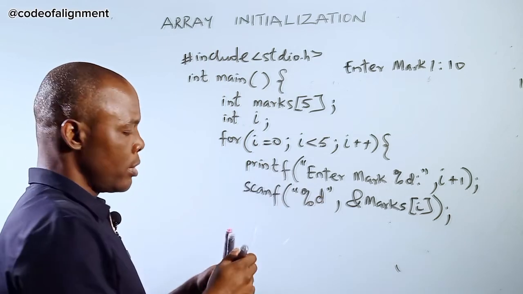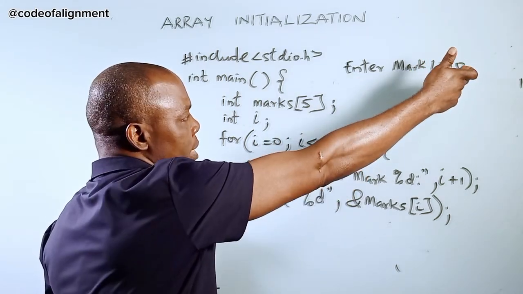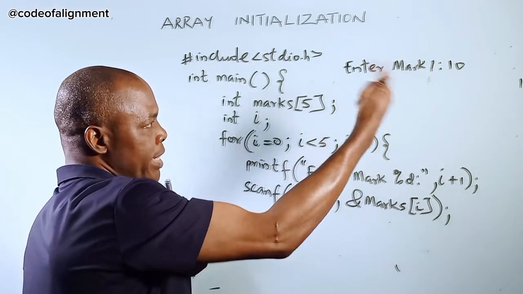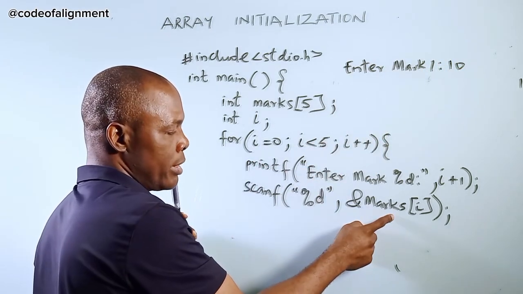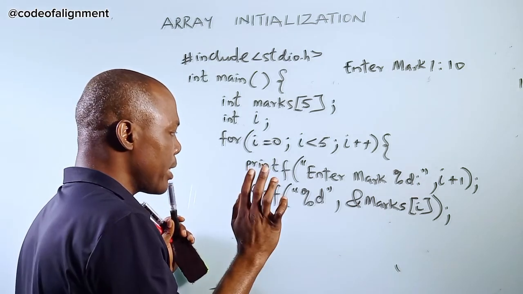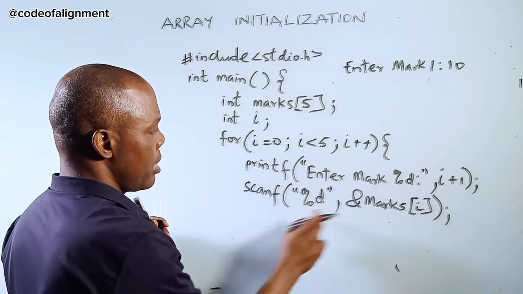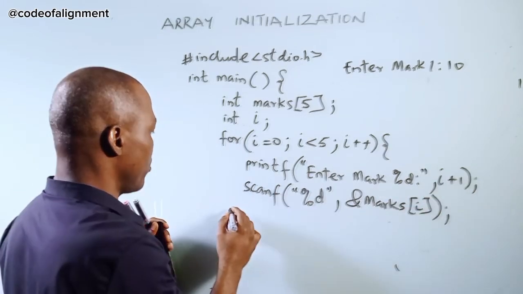Right, this is what will happen. So it will print out "Enter mark 1" on the screen. Then I will enter 10. The scanf will collect that 10 and store it in this place. Right? That is what it will do. Then I will close this.